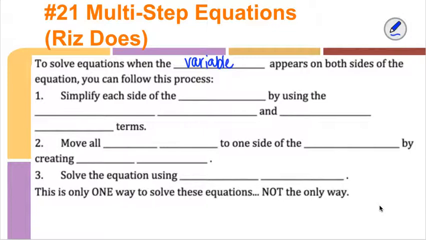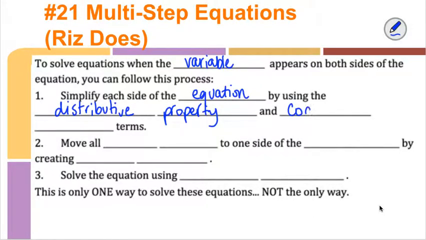One, you're going to simplify each side of the equation by using the distributive property and combining like terms. This skill of the distributive property and combining like terms we learned in notes number 20, so make sure to look back on that if you're not sure how to do that.